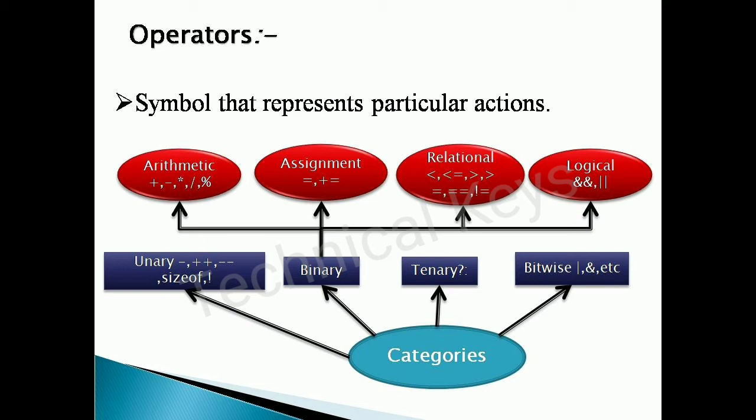Similarly, the assignment operator. I have given an example for pi, that equal to is an assignment operator, and what it will do is give the right hand side value to the left hand side. But what is this plus equal to? It is called a compound operator.